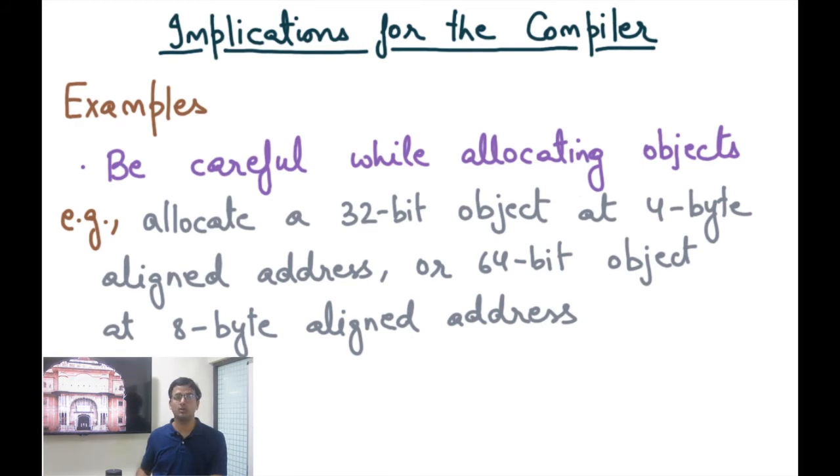What about local variables or heap allocated variables? Once again, the same thing applies. When you have a local variable on the stack in the activation record, you may need some amount of padding to be able to identify the correct legal address for that particular variable. So let's say I have an integer local variable in my procedure body.